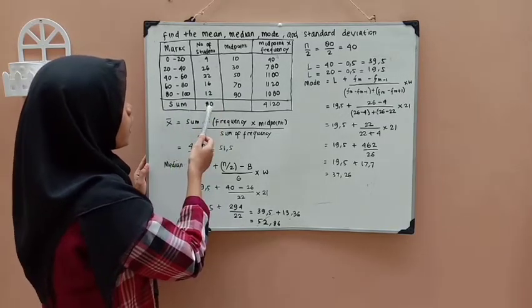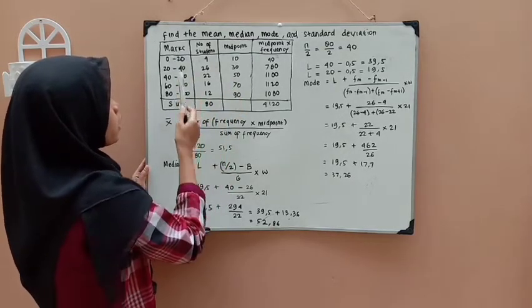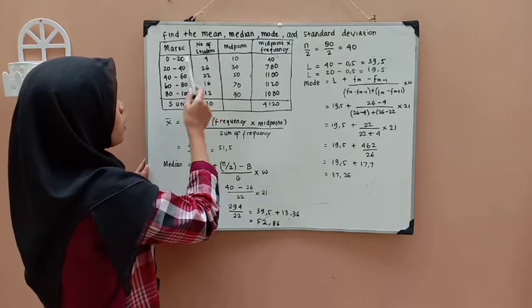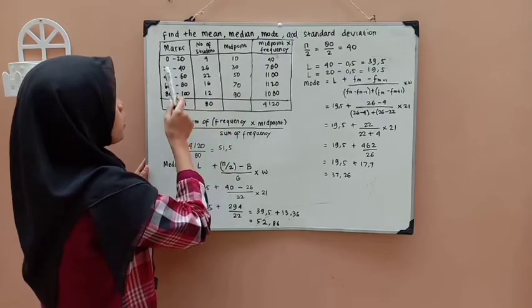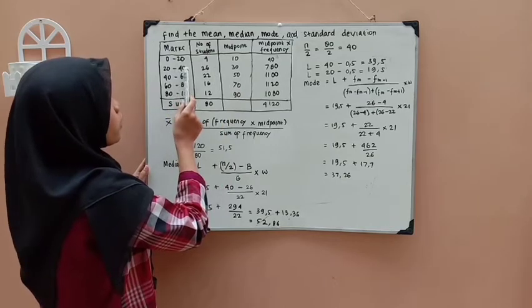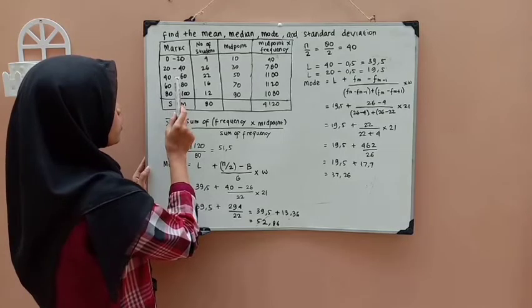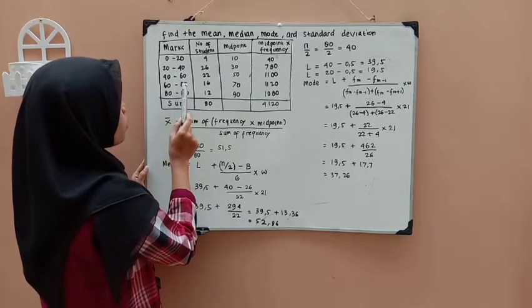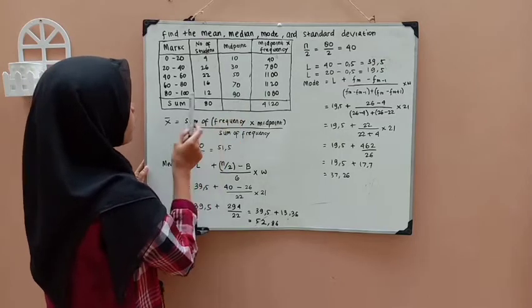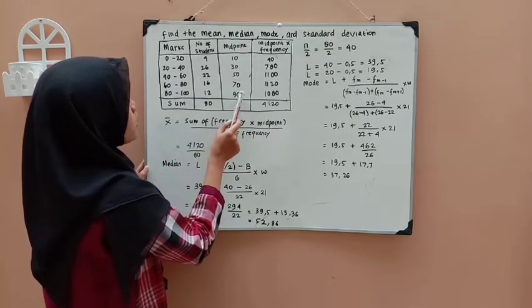Sum is 80. The midpoint from marks: 0 to 20 equals 10, 20 to 40 equals 30, 40 to 60 equals 50, 60 to 80 equals 70, 80 to 100 equals 90.